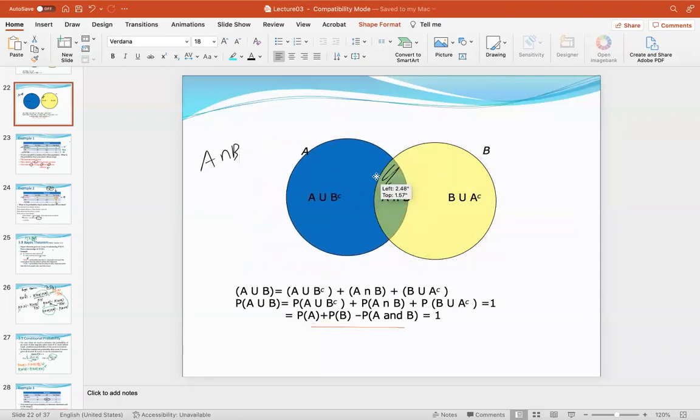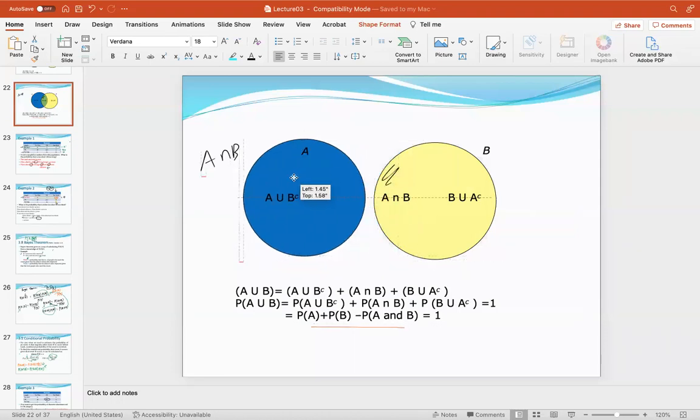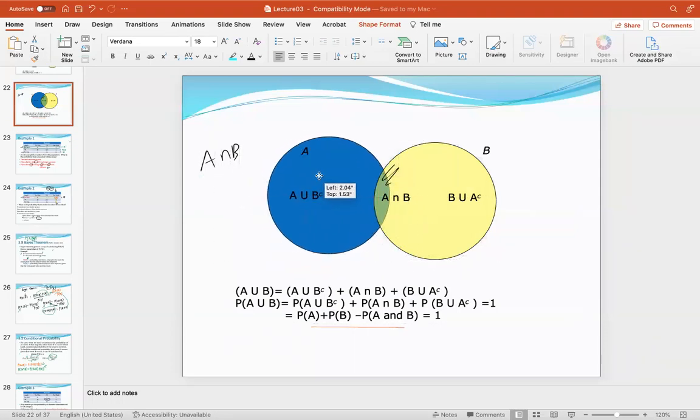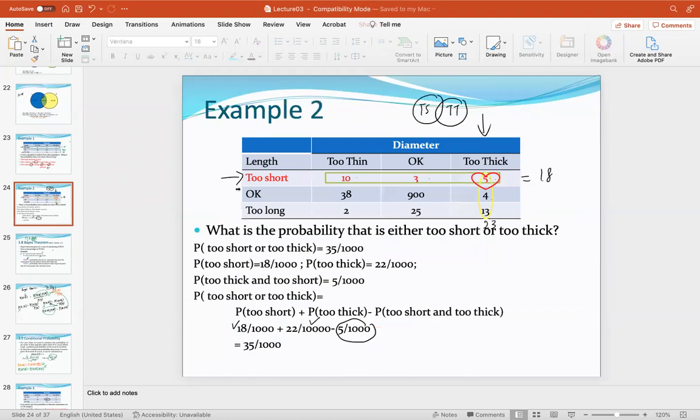But if they overlap, can you see that? The blue color overlaps with the yellow color, right? So what happened is, if you count P(A) or P(B), there is an overlap between A and B counted twice.